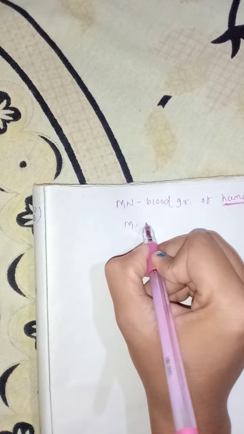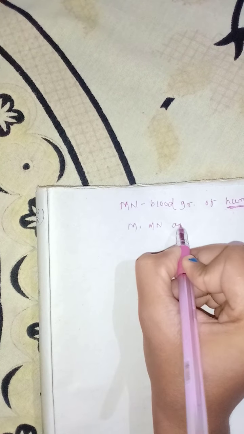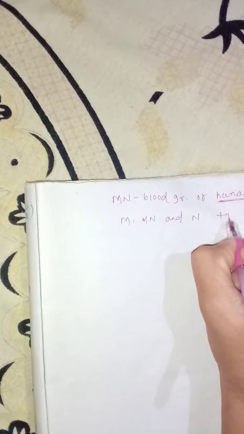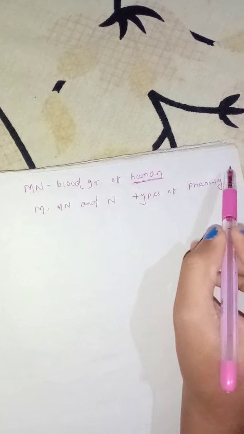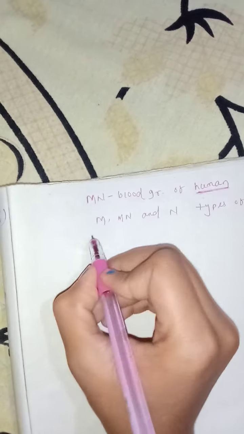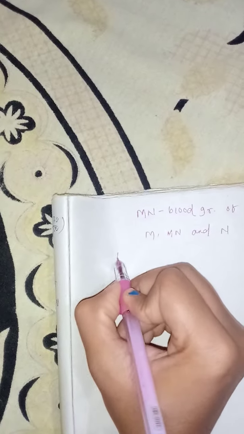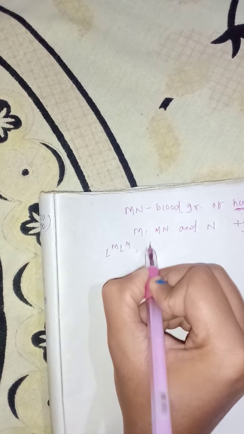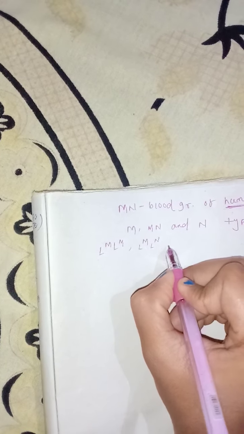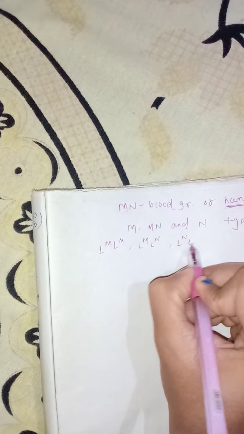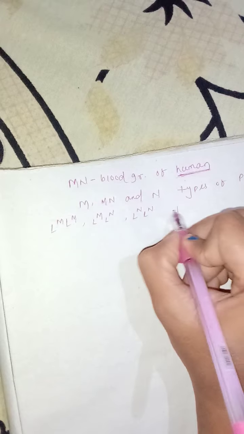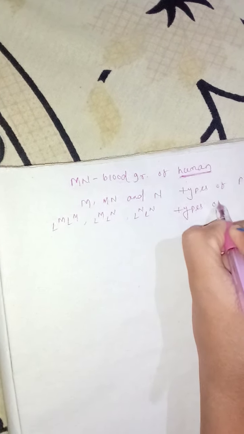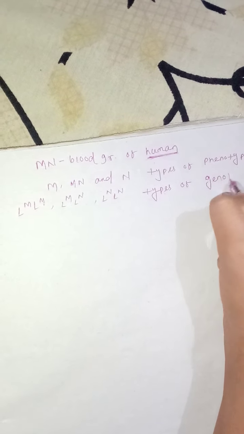So the MN blood group contains M, MN and N types of phenotype, and it also contains LM LM, LM LN, LN LN types of genotype.